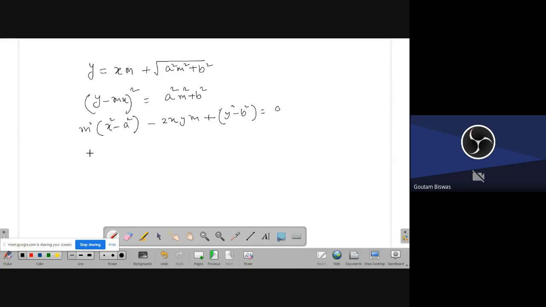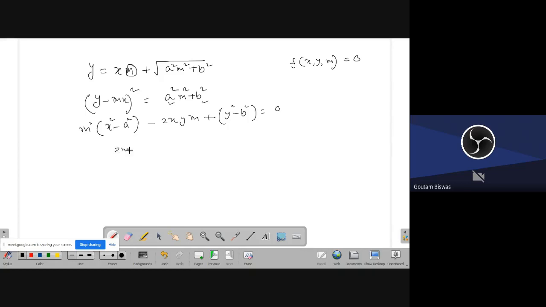Now we differentiate this equation with respect to m. For a and b we neglect them, but m we treat as the parameter. So this equation is nothing but f(x, y, m) equals 0. Now differentiate this equation with respect to m. What will we get?